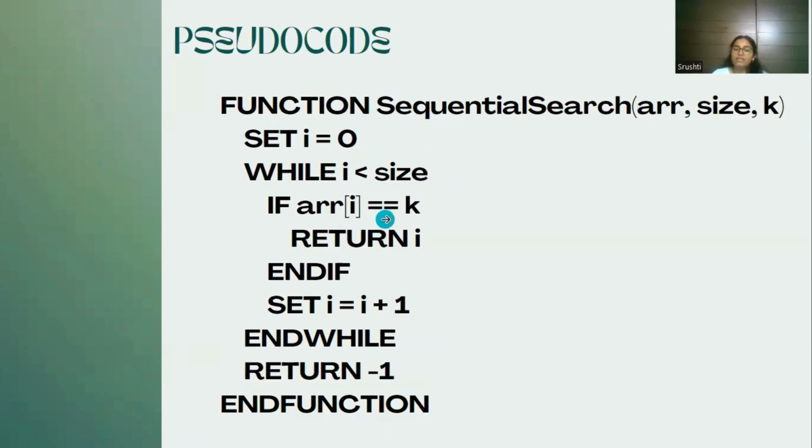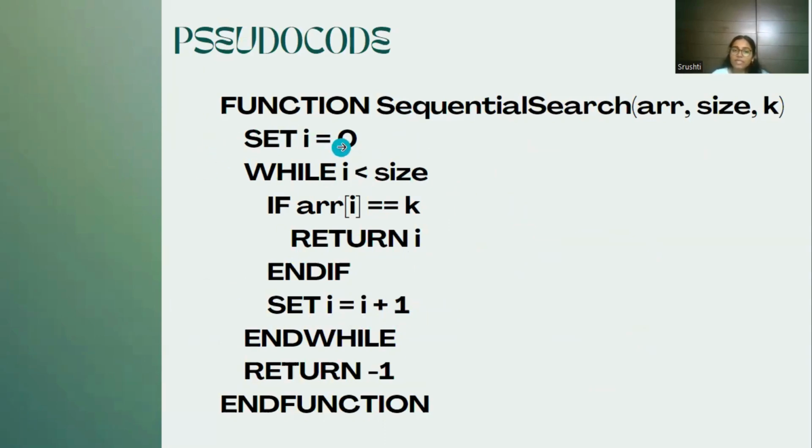If array of i equals k, in case you find, for example, if you find the first element to be the key element, you can use this function and return the first element and tell that the element is found and end the if statement and the while statement. In case it is not the first element which is the key element, you increase the value of i by 1.